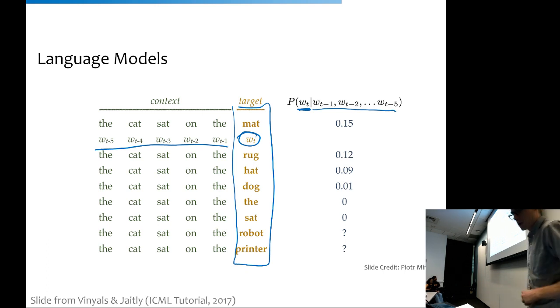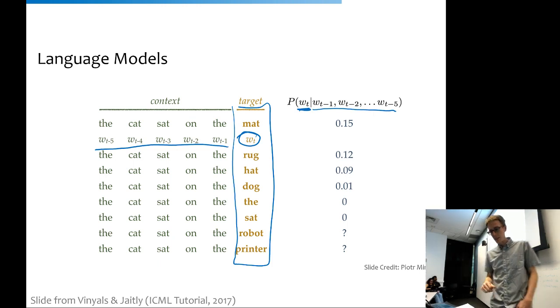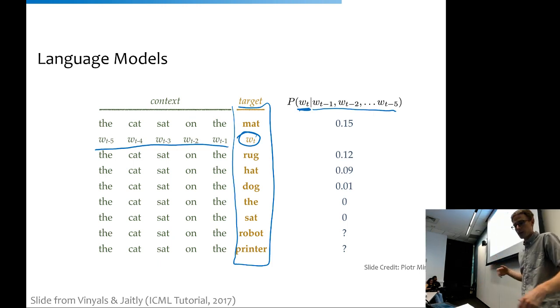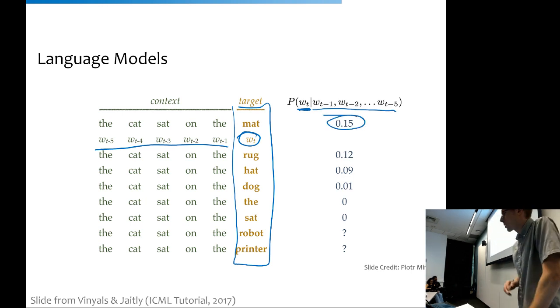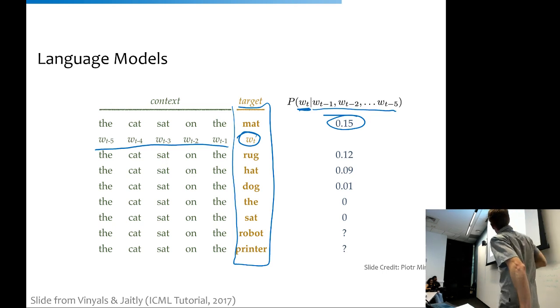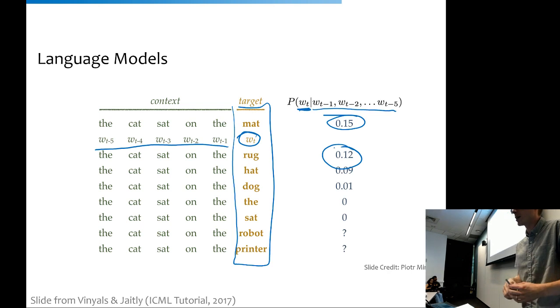Okay? And so for the same context, the cat sat on, there are many different possible targets, like mat, rug, hat, dog, the, sat, robot, printer, right? And what our language model is doing is giving us scores for each of those different possibilities. Among those possibilities, it gave the highest probability to mat, but it also gave pretty high probability to rug.